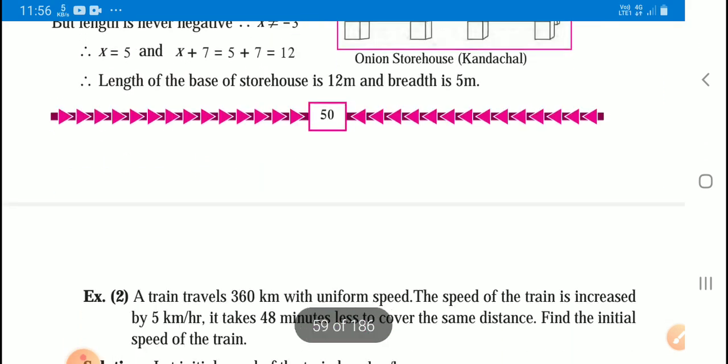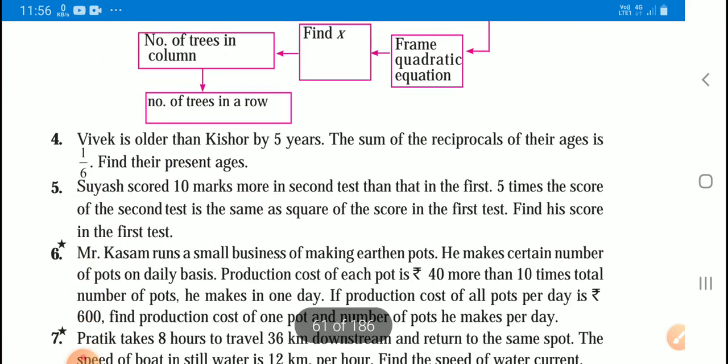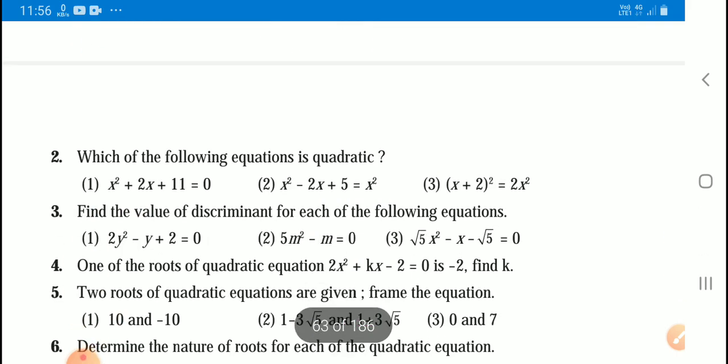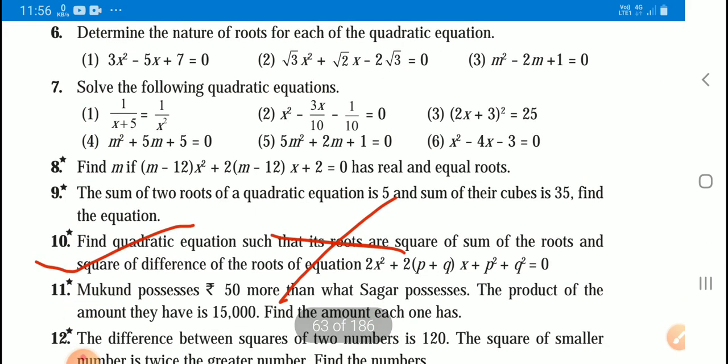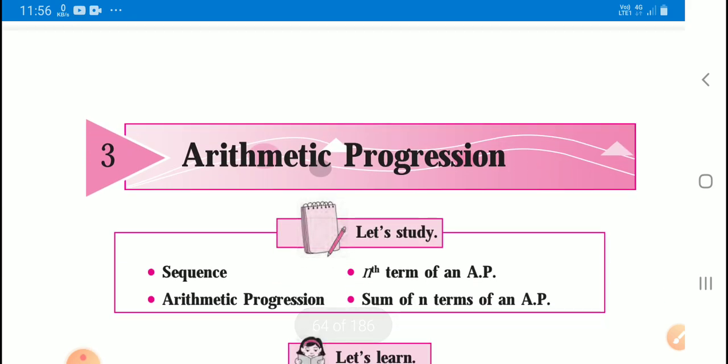Solve the whole practice set in your notebook. See the reduced portion that I had given you before, and write down the problem set or practice set in your notebook.